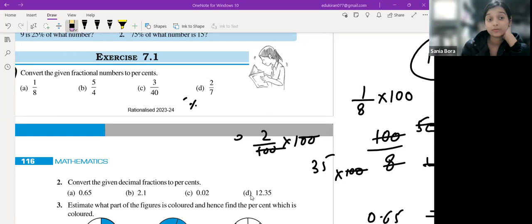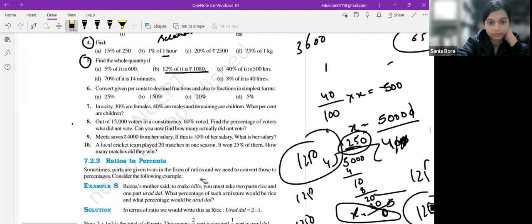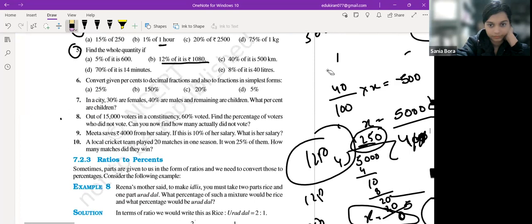Is equal to 400, no? Okay, you have written 4,000. Tell me. 10 by 100 into X is equal to 4,000. X is equal to 4,000 into 100 by 10. X is equal to 400,000 by 10. So X is equal to 40,000 rupees. Yes.